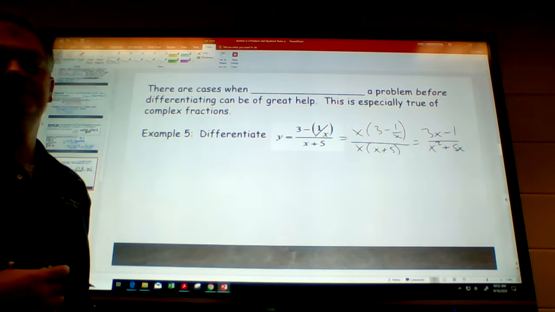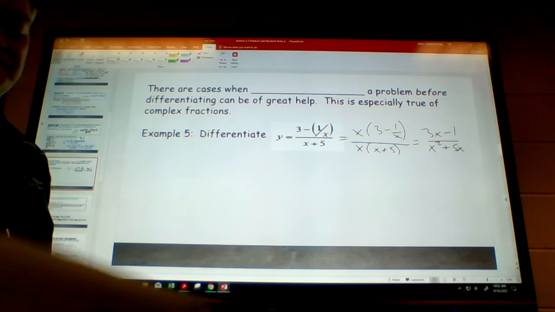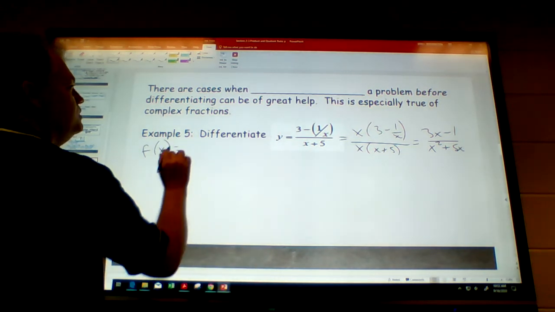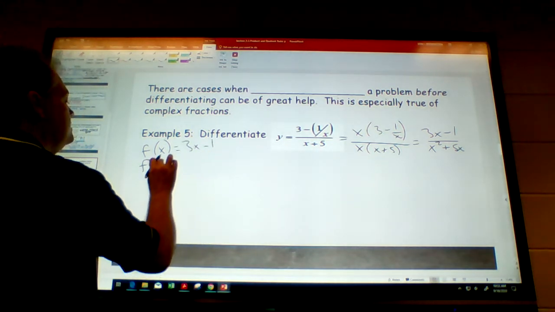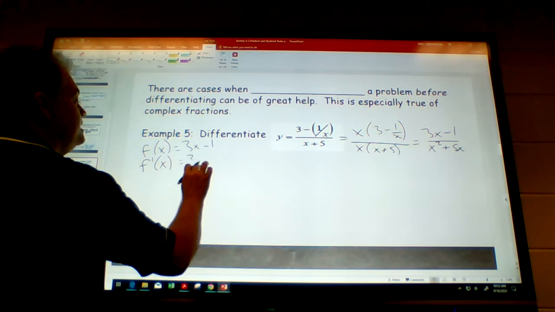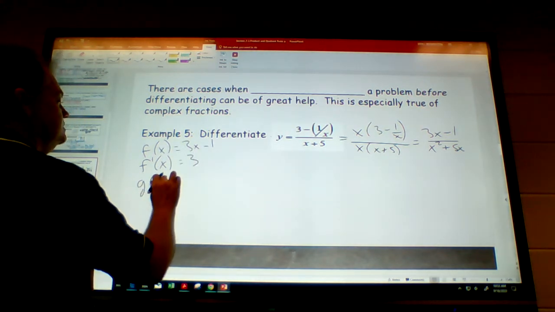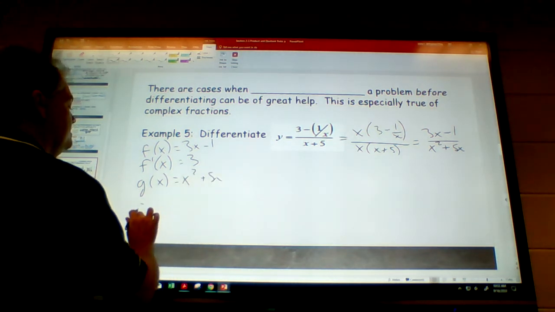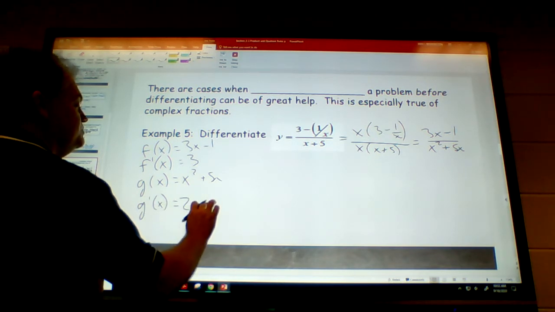All right. So then we got f of x equals 3x minus 1. So f prime of x is going to be 3, because you take the derivative of that. g of x equals x squared plus 5x, so that means g prime of x equals 2x plus 5.